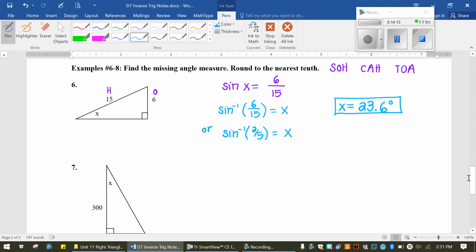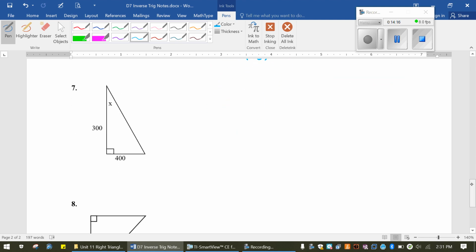All right, let's do that again on number 7. From this angle, 400 is our opposite side, and 300 is our adjacent side. So O and A are tangent. So tangent of x is 400 over 300, opposite over adjacent. So we do an inverse tangent of 400 over 300, which will give us our angle measure.